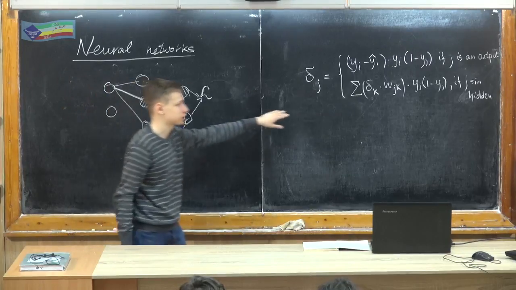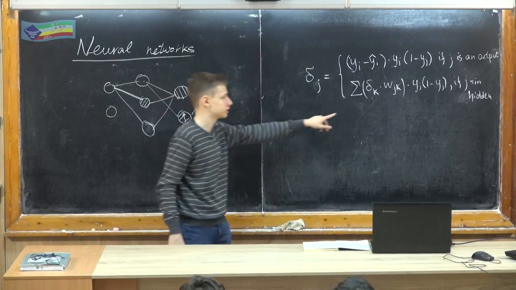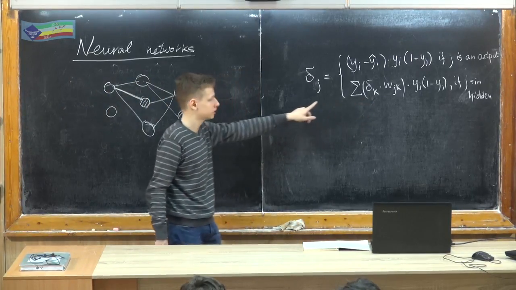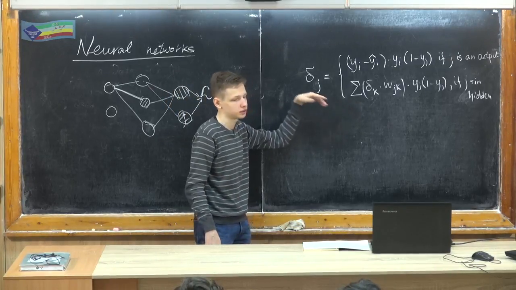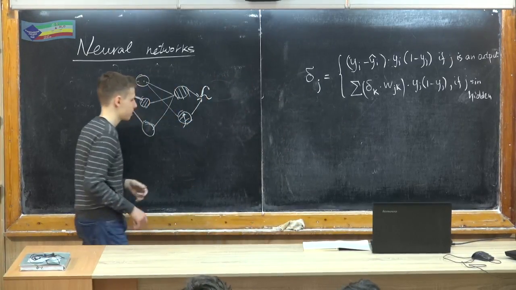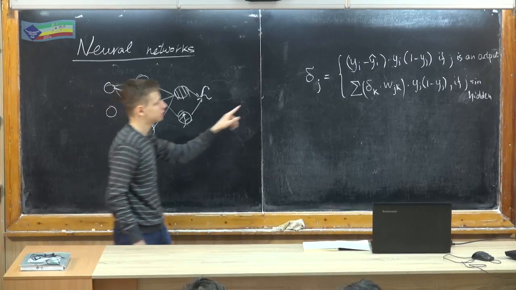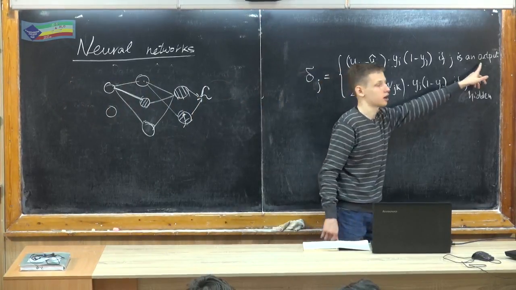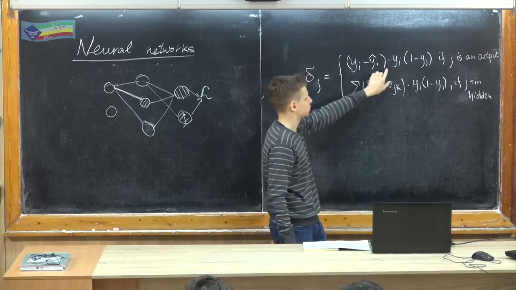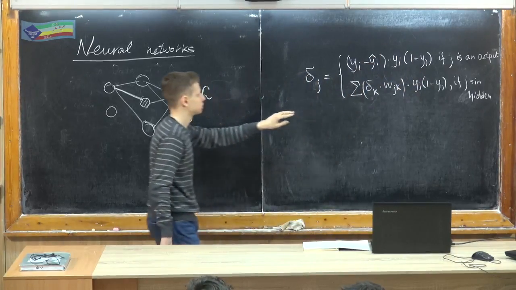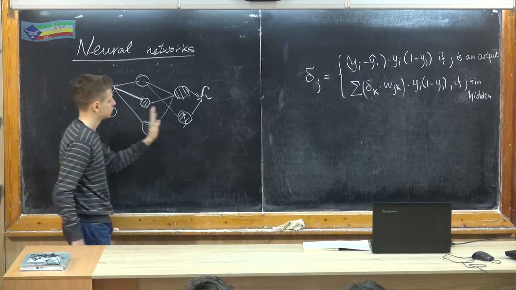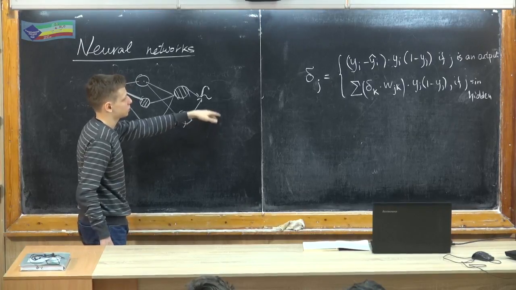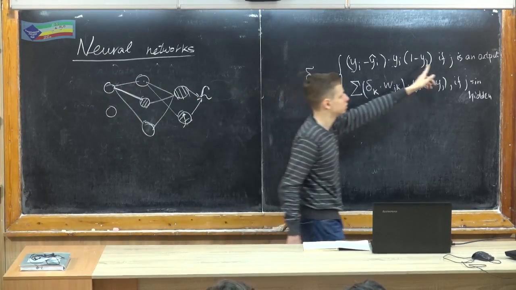So this is the expression, and what does k mean? k means delta with respect to the next layer. So we can easily calculate delta j for an output neuron because it's a common expression, and we can just calculate yj, and then we can apply this line to calculate delta j.